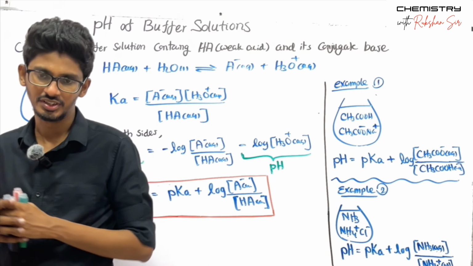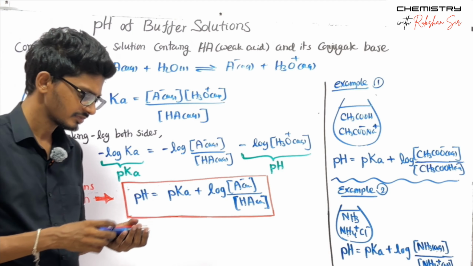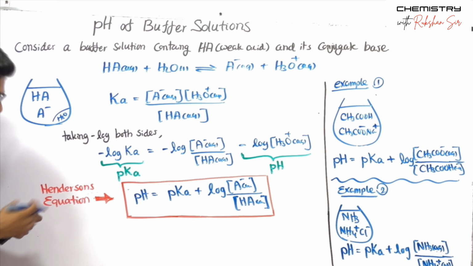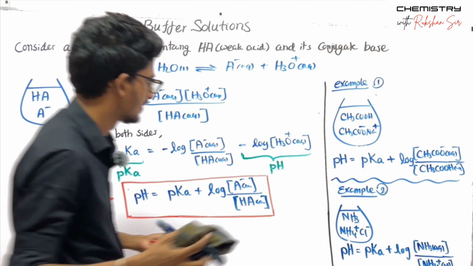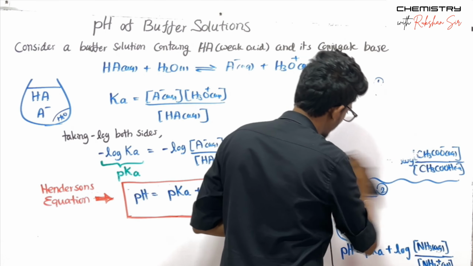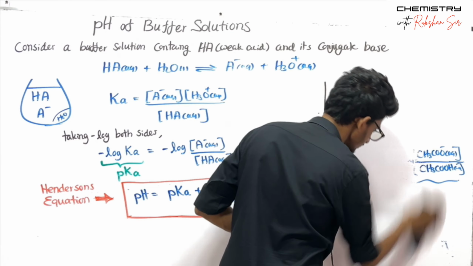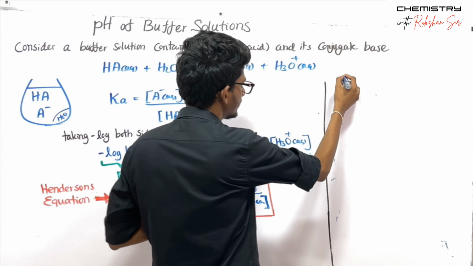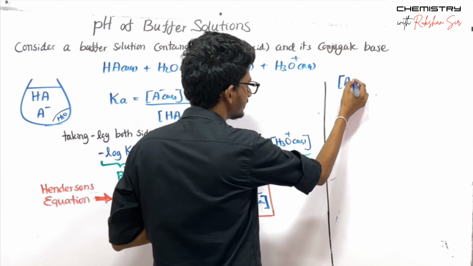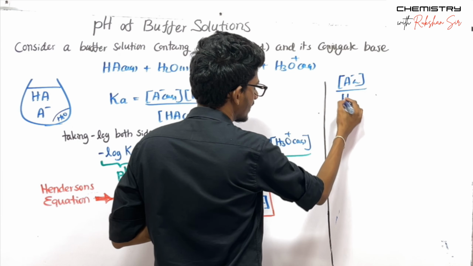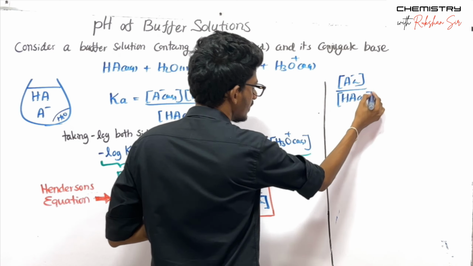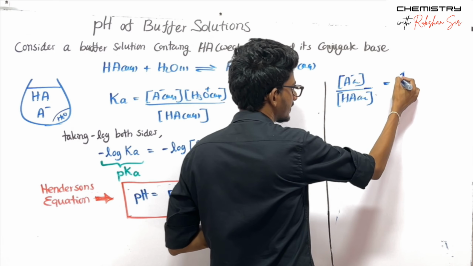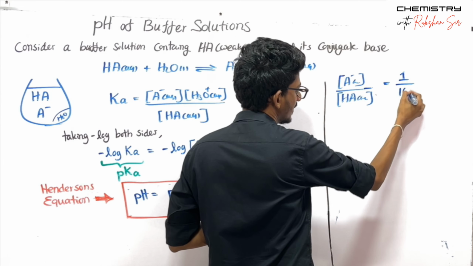So if you were to apply those things to this equation, see what kind of conclusion we can make with the buffer solutions, right? If you are applying this ratio, A minus to HA, for considerable buffers, if the HA amount is 1, this X can't exceed 10 units.